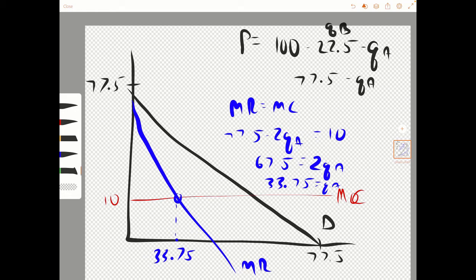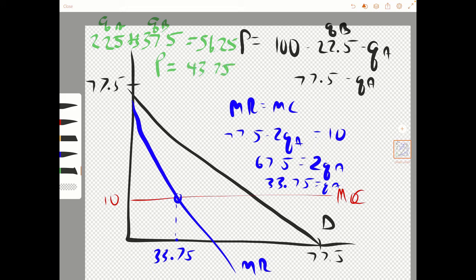The industry quantity is 22.5 plus 33.75. So this is QA, this is QB. The total is, oops, sorry, what did I get wrong there? 33.75. There it is, 33.75. So that gives us a new industry quantity of 56.25. And that gives us a new price of 43.75.